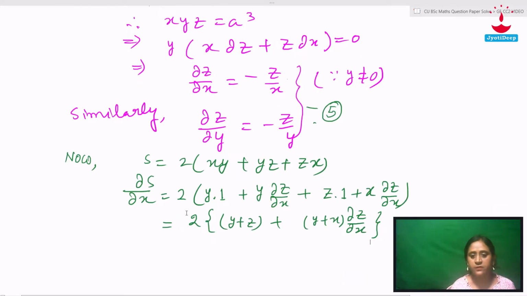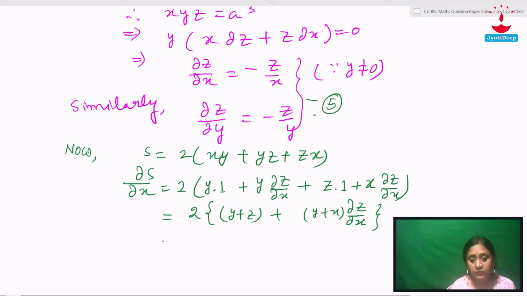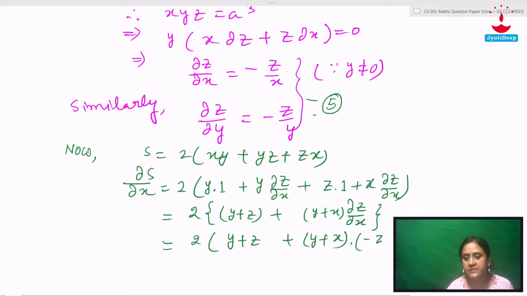So we will write 2 into y plus z plus y plus x into minus of z by x.